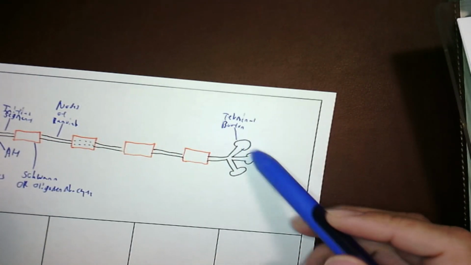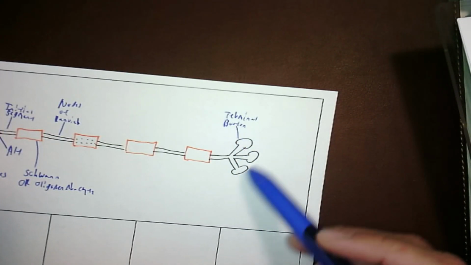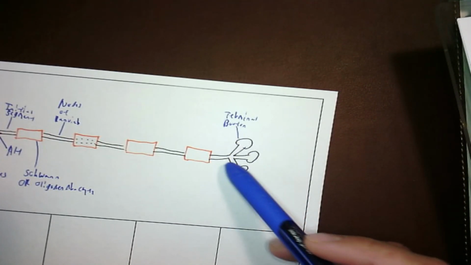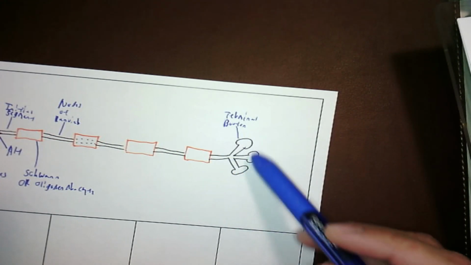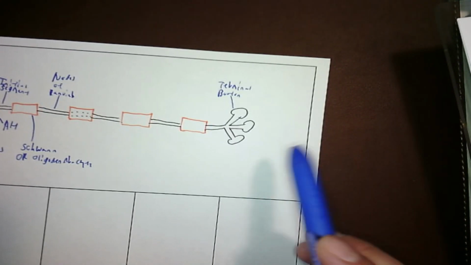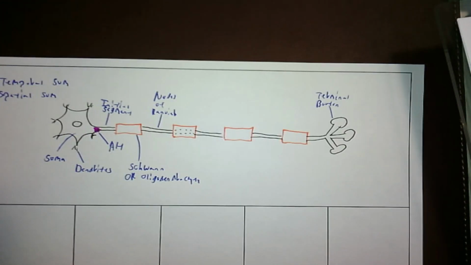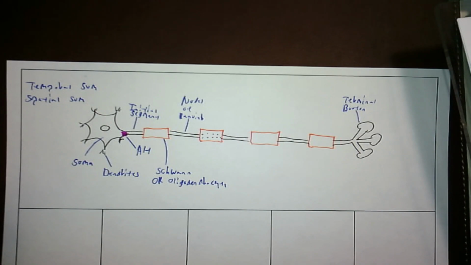Could these be interacting with axons? This is where you need to find out what kinds of relationships terminal buttons can have. Is it just terminal buttons to other cell bodies, or are there other relationships? Okay, so I gave you lots of questions to think about with this simple drawing.